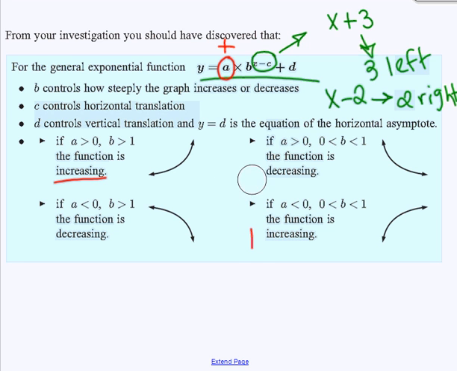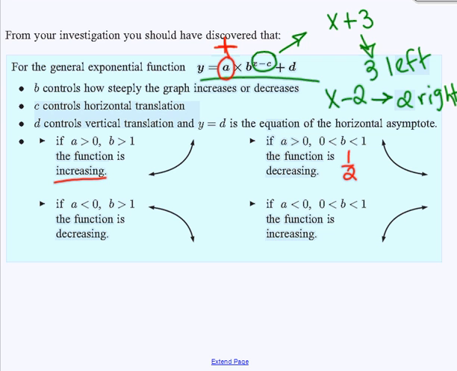If a is still positive, and b is a fraction between 0 and 1, for example b is equal to 1/2, we didn't look at any of this form, but this is just a bit of extension and a bit for your own information.